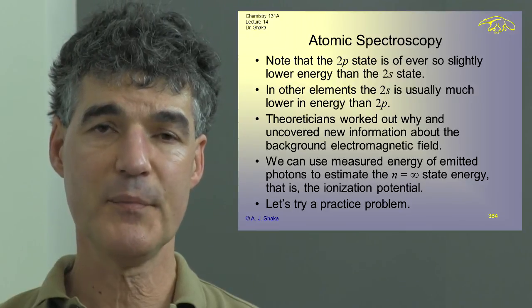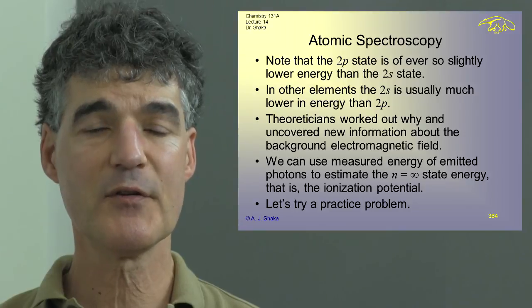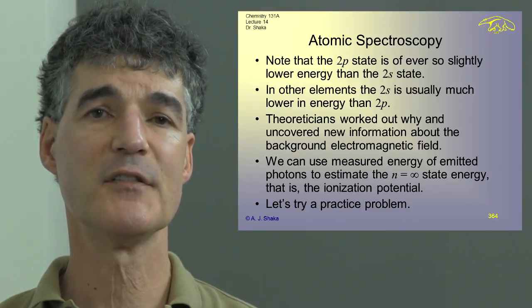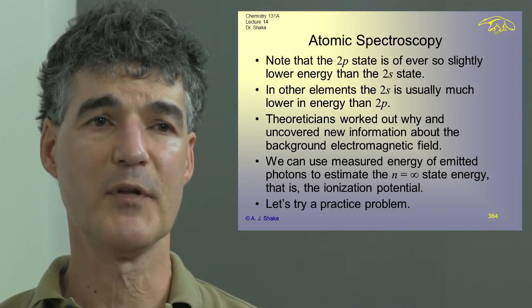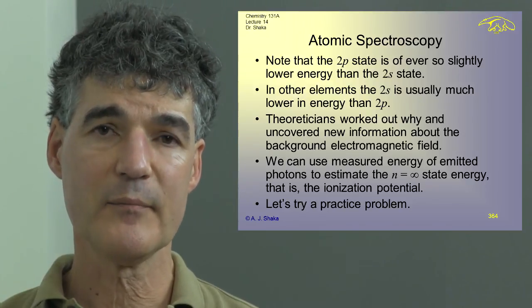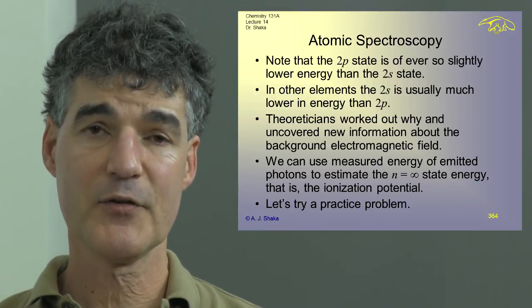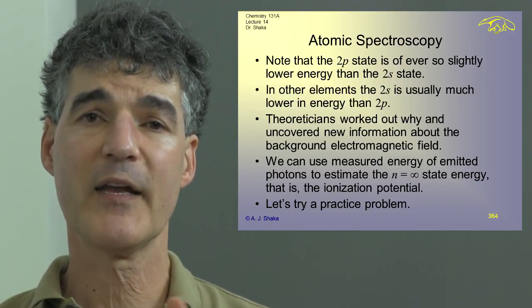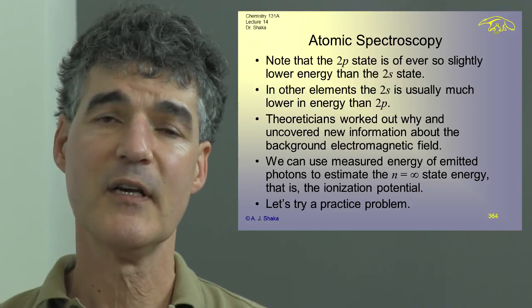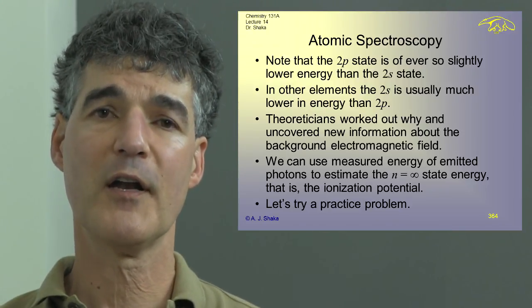One of those 2p states is lower than the 2s, and that was extremely interesting to theoreticians, how that could possibly be. And in studying that in great detail, they worked out important clues about actually the residual electromagnetic field that permeates our entire universe, like the zero-point energy of a harmonic oscillator.